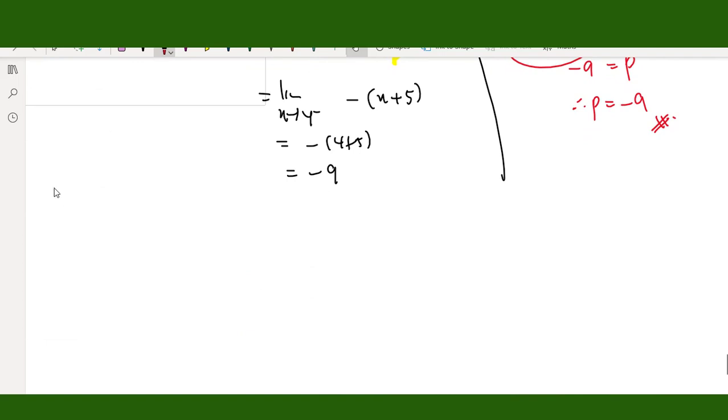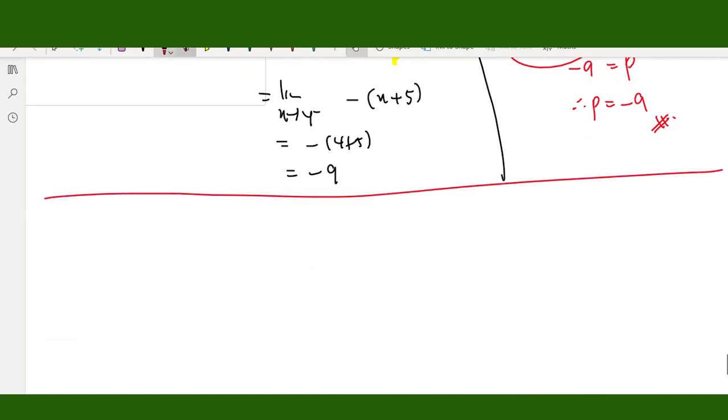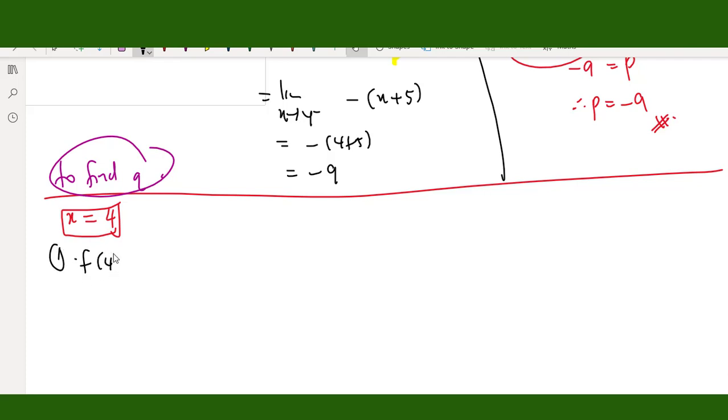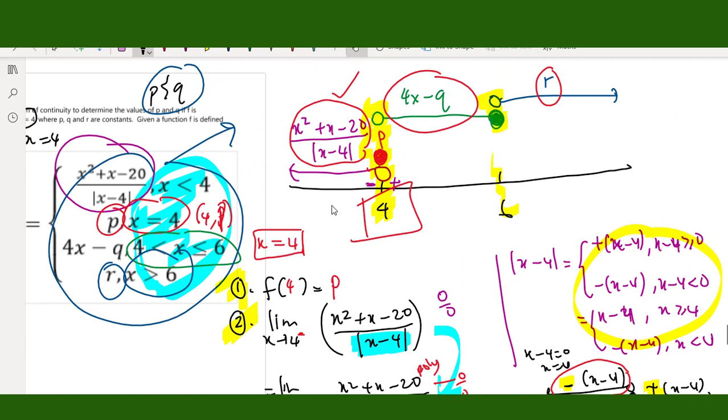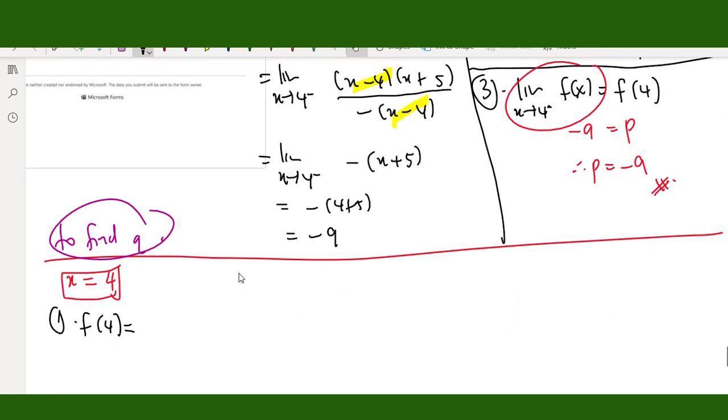First step: f of 4. F of 4 is still p, and p is equal to negative 9.